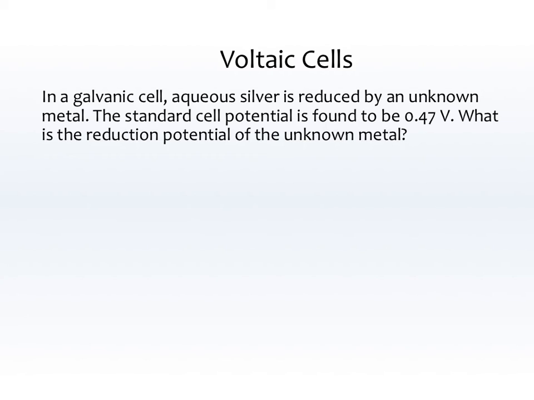One last voltaic cell. Okay, in a galvanic cell, remember galvanic, voltaic, same thing, aqueous silver, that is Ag plus, is reduced by an unknown metal. The standard cell potential is found to be 0.47 volts. What's the reduction potential of the unknown metal? So I have Ag plus an electron turns into Ag.